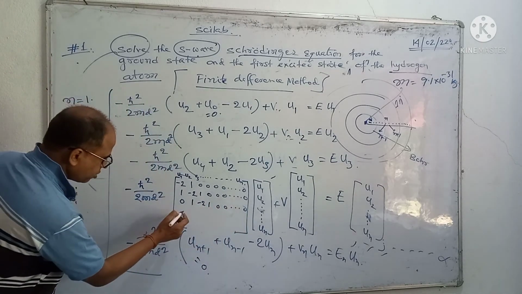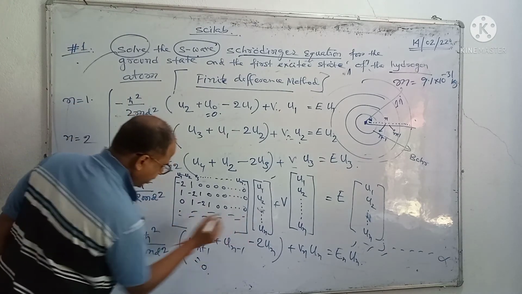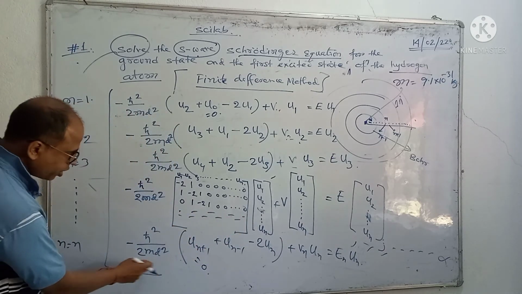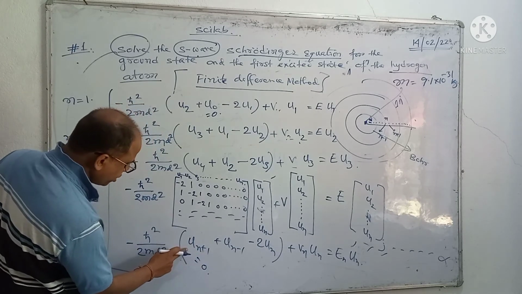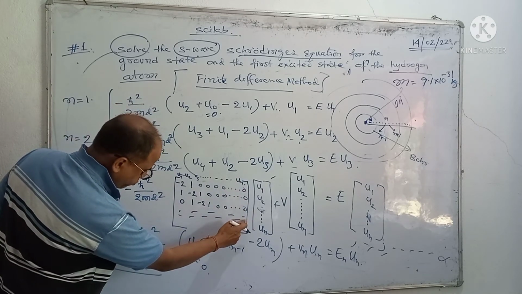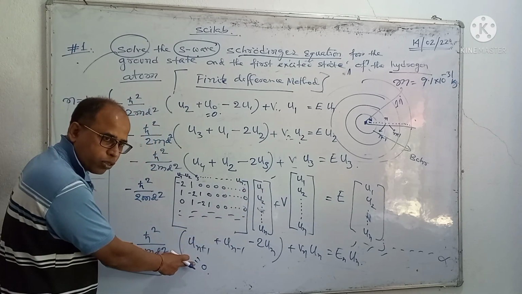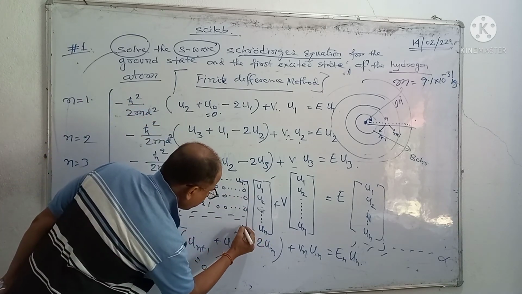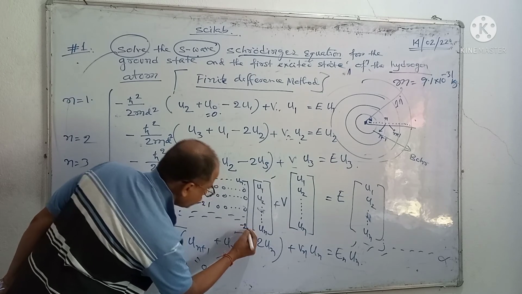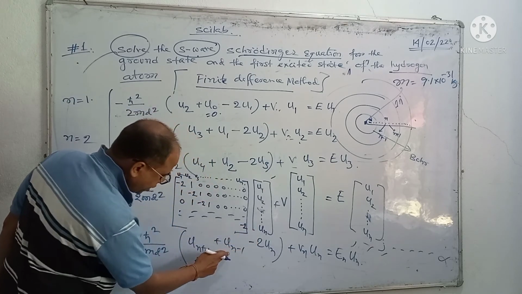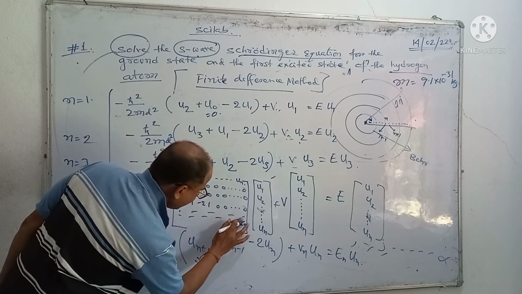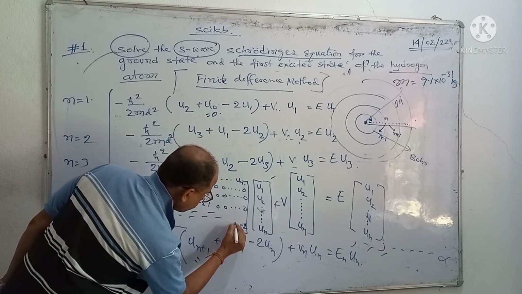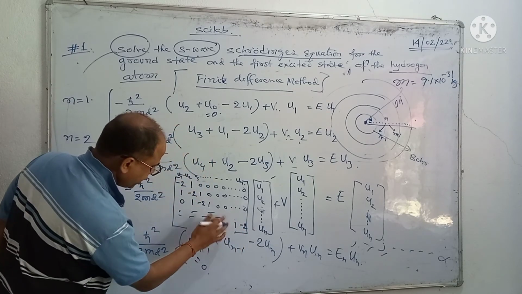Next, N. You see, in case of N, here it is the UN. UN plus 1 is 0. UN is -2. Therefore, here -2. And UN minus 1 is 1. Rest is 0.